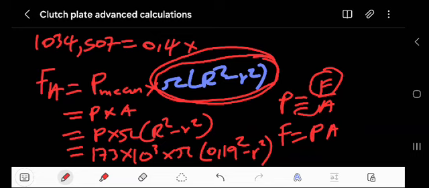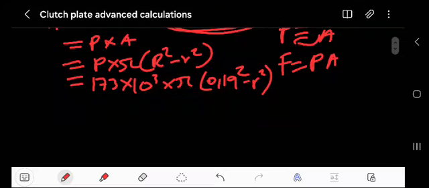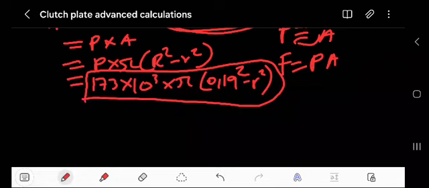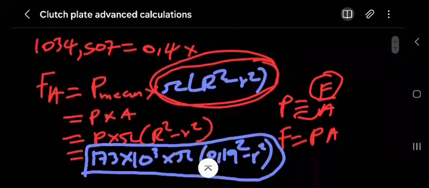Let us take all of this as it is, do not simplify it, and substitute it here on our formula.